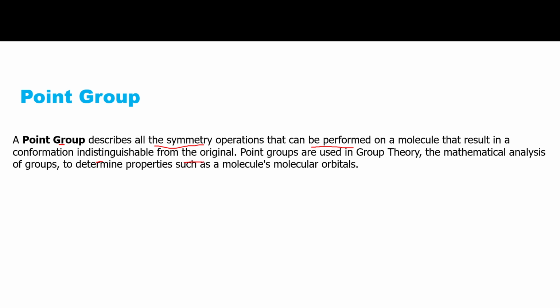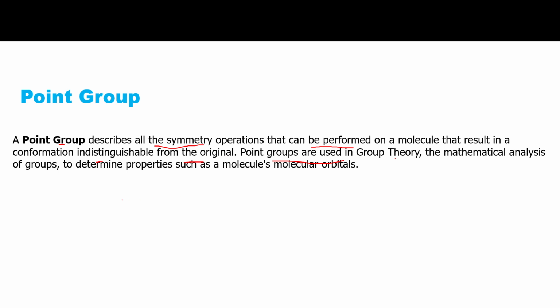So the point group is the operation, and after that operation our main molecule does not change. So it is indistinguishable from the original, and point groups are used in group theory, the mathematical analysis of groups, to determine properties such as molecular orbitals, etc.